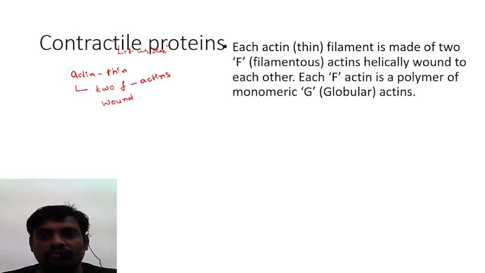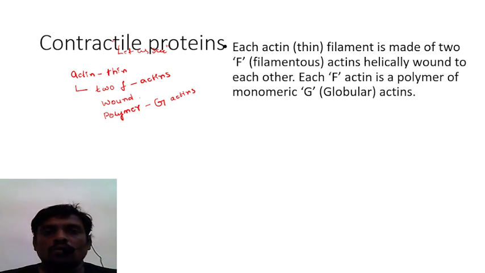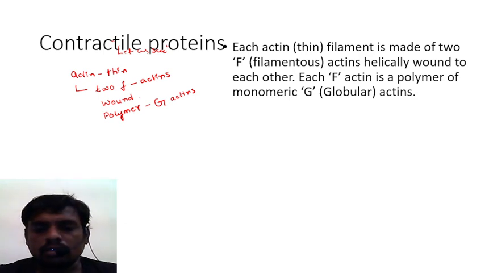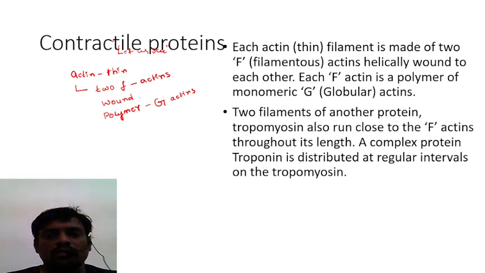Each actin is a polymer of monomeric globular actin proteins, which you know very well. In the diagram part, we will see how this globular wound of actin molecules looks like.